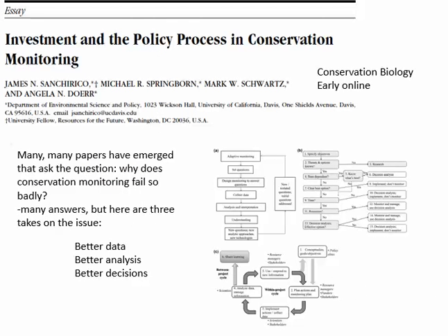A paper that's also up there is by Sankiriko and other folks here at Davis, and it's early online with conservation biology. It'll be coming out soon. But we're looking at really the policy process in conservation monitoring and thinking about monitoring as a social process where stakeholders don't always necessarily have the same interest in seeing the outcomes of monitoring.